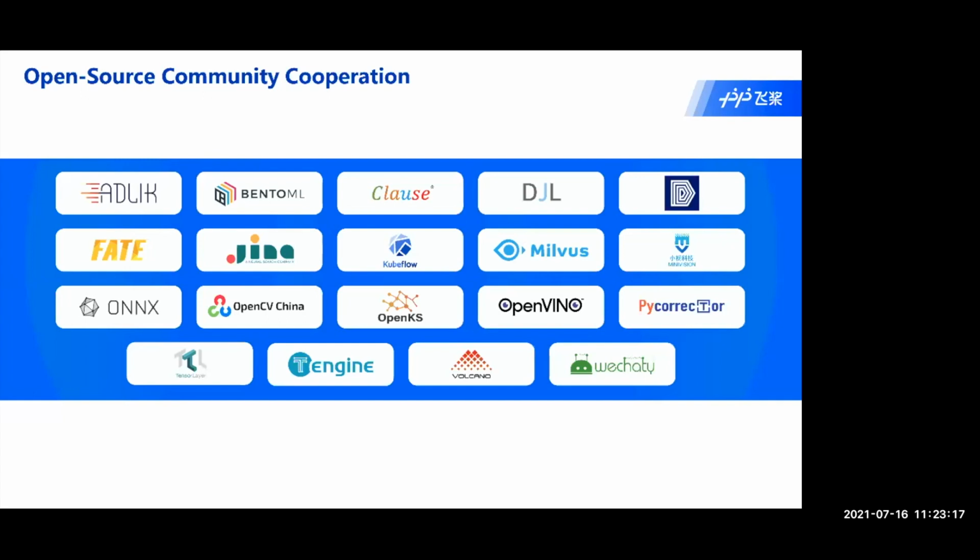Okay, we've talked a lot about the technologies we've used in the Paddle operator. So on this page we will also talk about community cooperation. In terms of open source community cooperation, we're already working with lots of upstream and ecosystem projects to build a good deep learning open source system. On the training side, we've cooperated with Kubeflow, Volcano, MLflow, those projects.